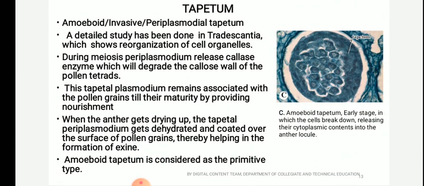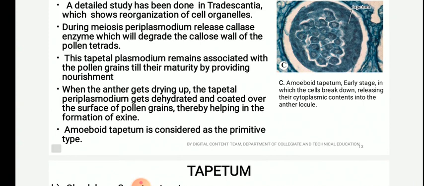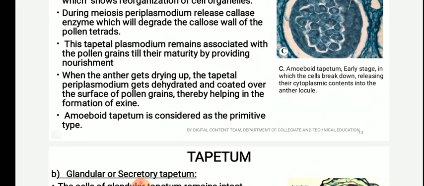A detailed study has been done in Tradescantia. Amoeboid tapetum is studied in detail in Tradescantia, which shows the reorganization of cell organelles. During meiosis of the pollen mother cell, the periplasmodium releases callase. These tapetal cells release the enzyme callase, which will degrade the callose wall of the pollen tetrads.